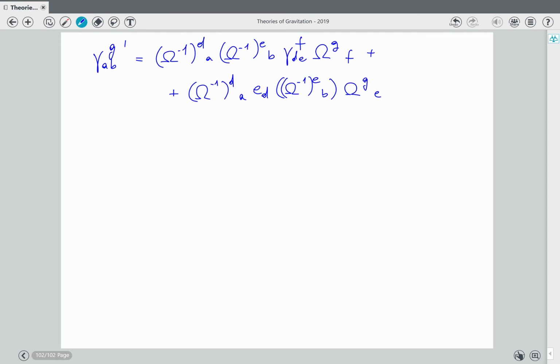Okay. So we can now, it's better to write the transformation of this, which is gamma A, B, C, E_C prime. The prime of that we have, and then we have to work out the rest.